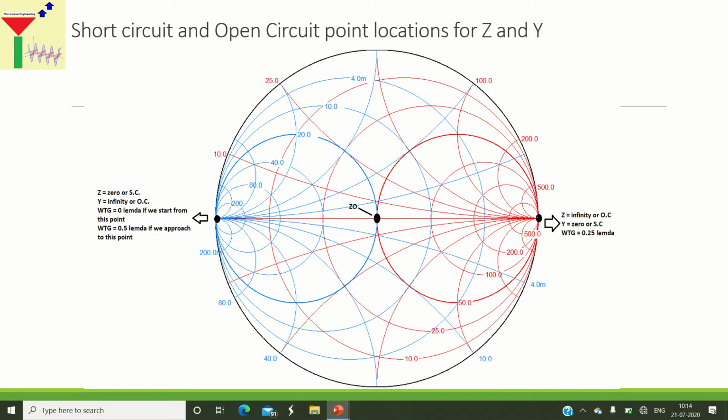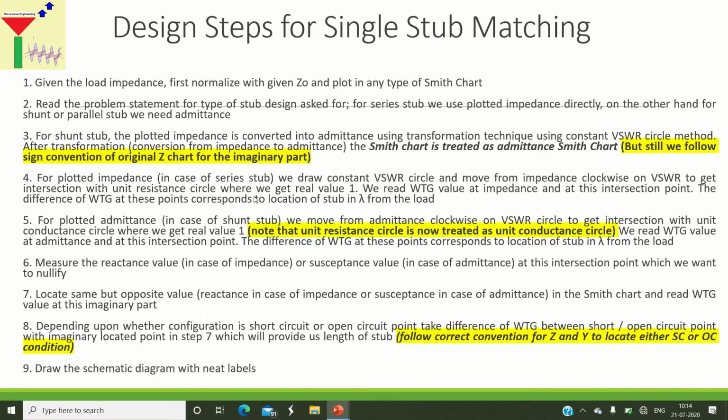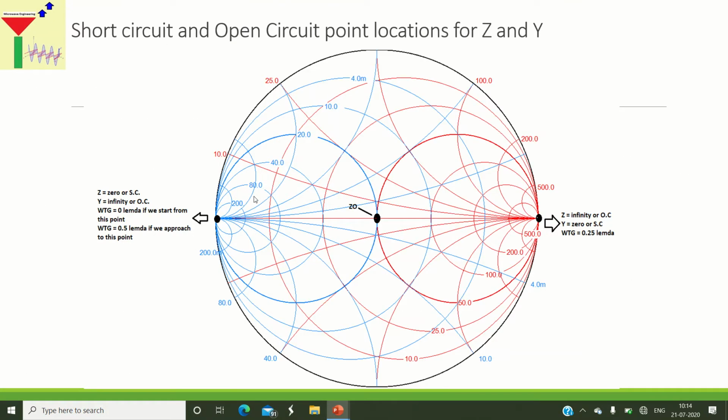All these preliminaries and foundations are also required for the design of double stub, but it is a somewhat lengthier and different procedure that we are going to follow. All the principles and fundamentals of sign convention, and of considering short circuit and open circuit configurations, and the general rules of stub matching, remain the same for all types of stub.